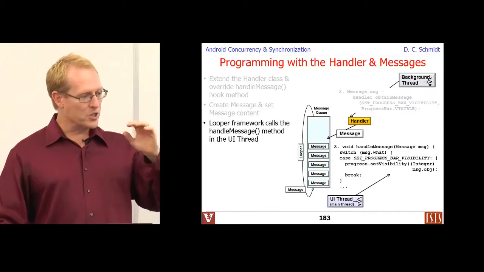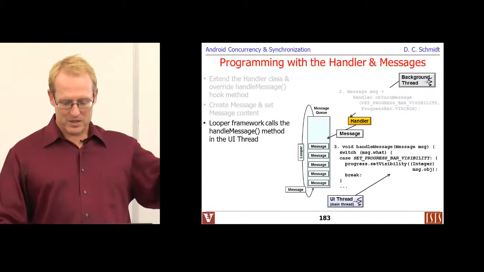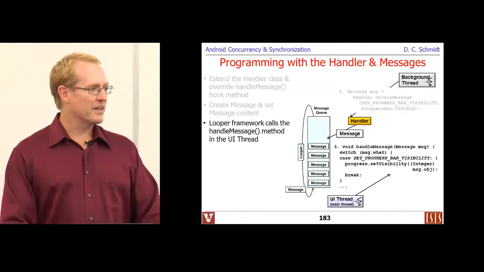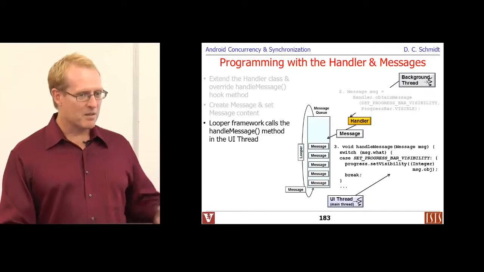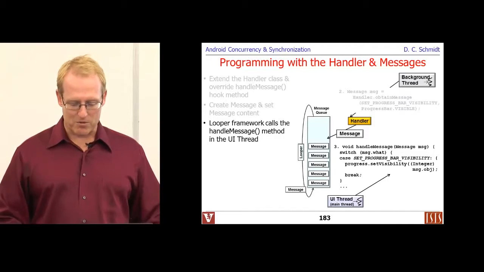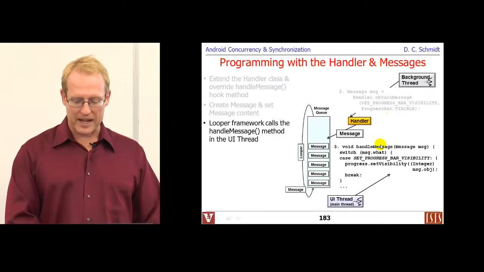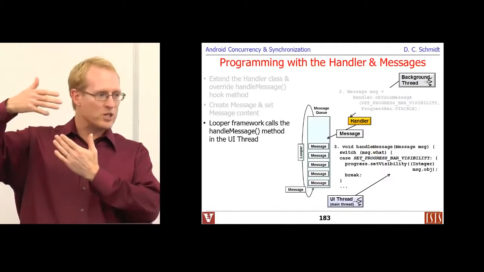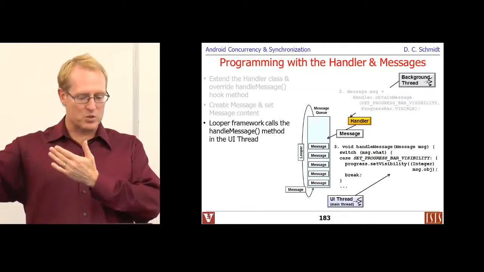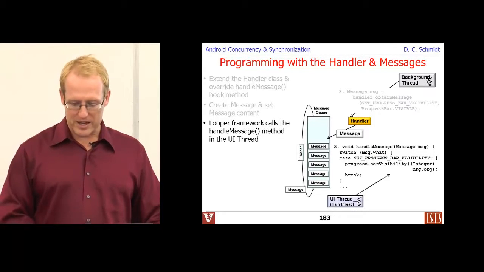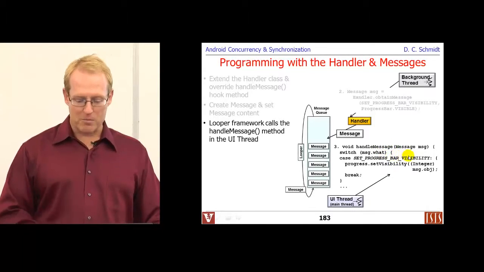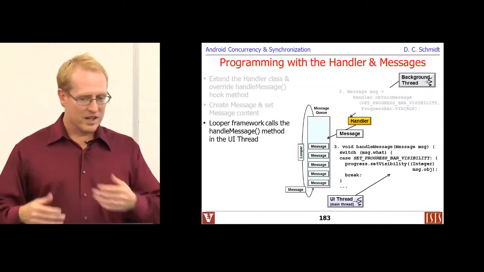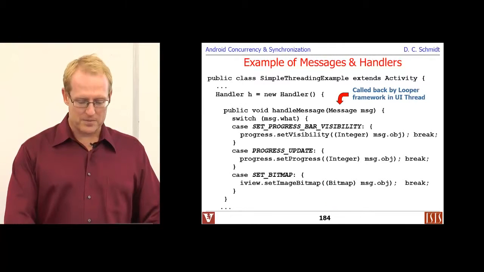And then once you go ahead and send this message, then it'll turn around and be processed in the main thread of control, just like we saw before. And what will happen here is it'll end up calling back the handleMessage hook method, and then you typically switch on the type of message it is, which is what this what field is. In this particular case, you can see that if it's the progress bar visibility message, we do something. If it's something else, we do something else. So you can direct the various processing that takes place.